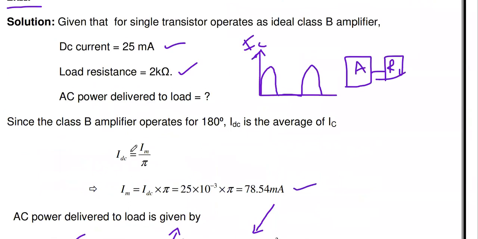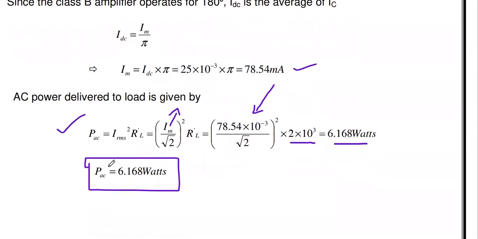The IM value is calculated from the IDC formula. Here the DC current is nothing but the average of this half-wave rectified signal, so the formula is IDC equal to IM by pi. From that you calculate the IM value and substitute it, and you can find the answer.